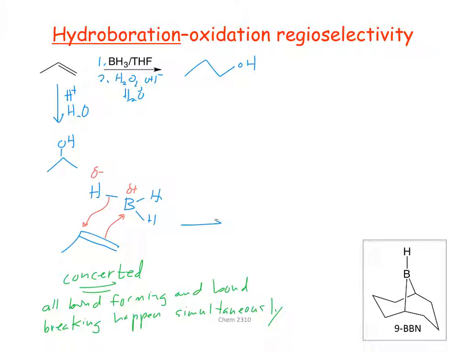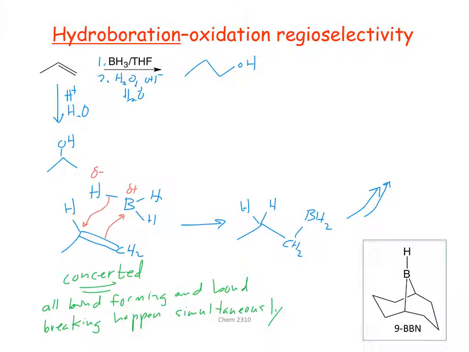So if it did that, then what we would get is this species. Let's draw in our first H there. We'd have two H's here, because this is CH2, and we'd have BH2. Now, because the boron still has two hydrogens, it can react two more times.